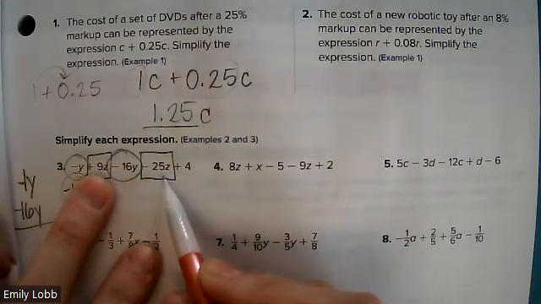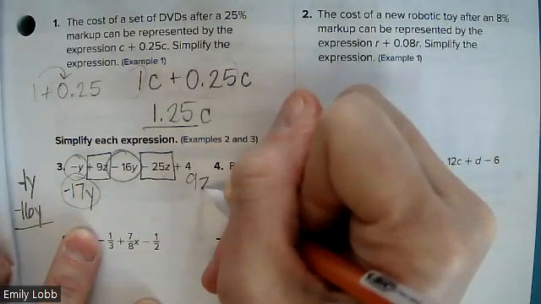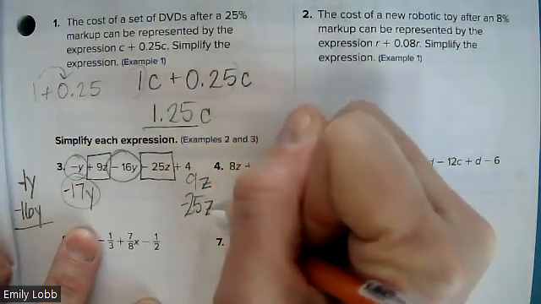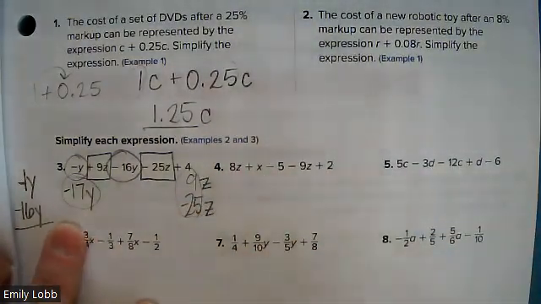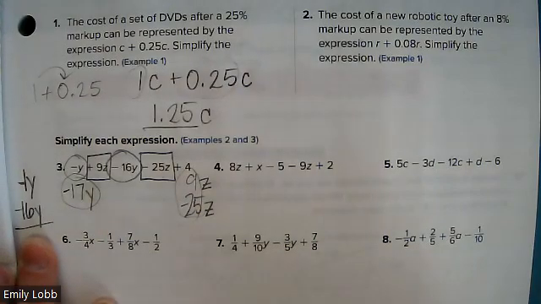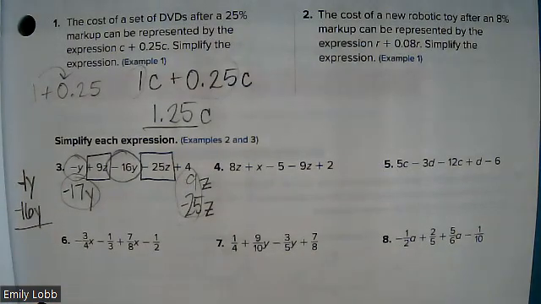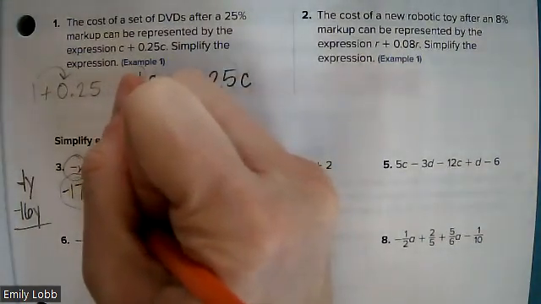So 9z and a negative 25z. 9z, negative 25z. I'm combining my coefficients. You can put this into a calculator if you need to, but your signs are different, so you find the difference. 25 minus 9 is 16. So negative 16z.